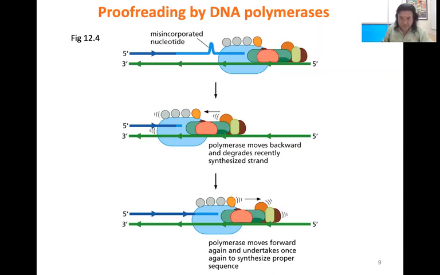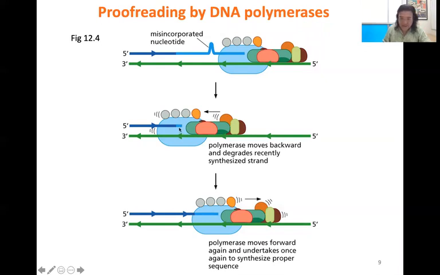Okay, but anyhow, DNA polymerase has proofreading ability, meaning as it moves forward, it can actually back up. It moves forward, it backs up, and it proofreads the bases that it just added. So if it backs up, it can detect that the base that was added last is incorrect.